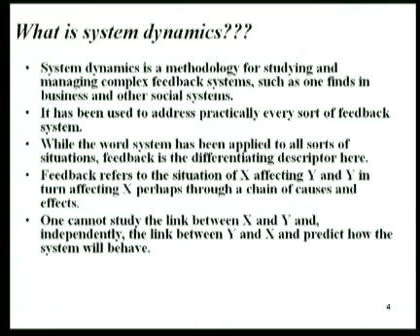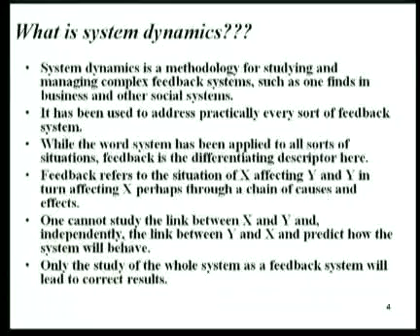Coming back to that, it's going to look a bit like reductionism, but there's a reverse reductionism lurking in the background here. In order to study this whole system as a feedback system, you need to get an understanding of how that construct is developed, and if we do it properly, that will lead to some correct results, a more correct understanding of the system behavior, which is essential if we're going to have any hope of managing these things.